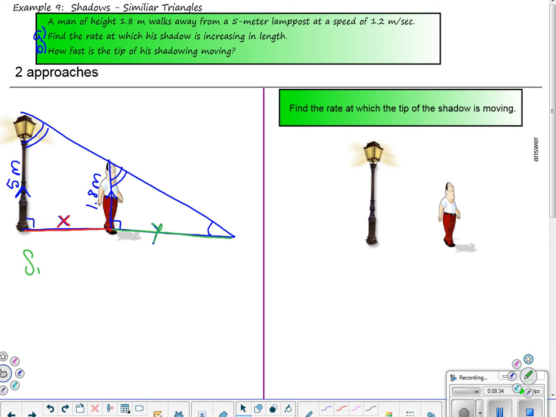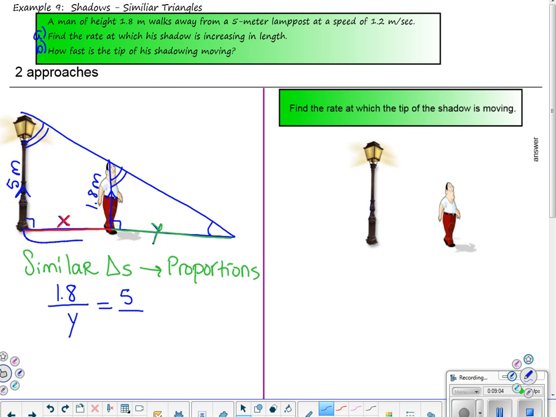We know we have similar triangles, and that allows us to do proportion work. Now we just have to remember our geometry work. I could say 1.8 meters is to y like 5, the vertical distance, is to, and here's the tricky part, we have to get the full distance because we're on the big triangle.